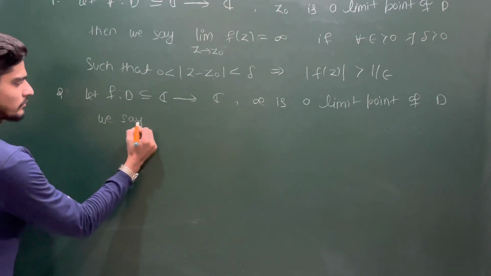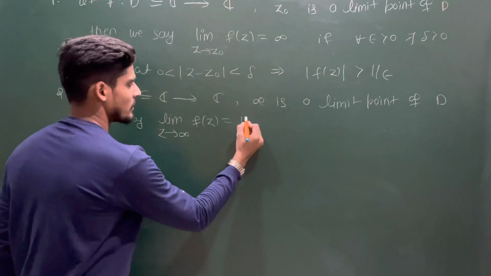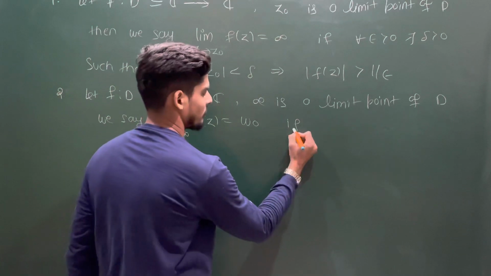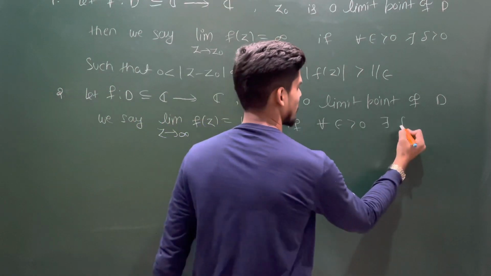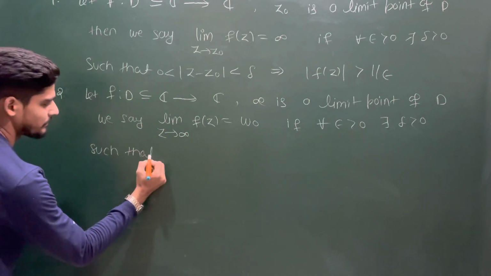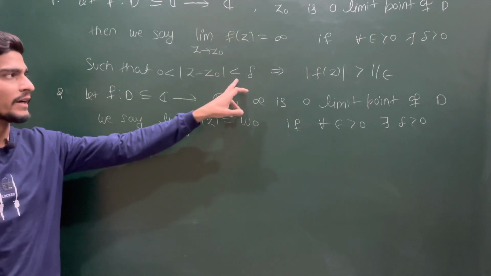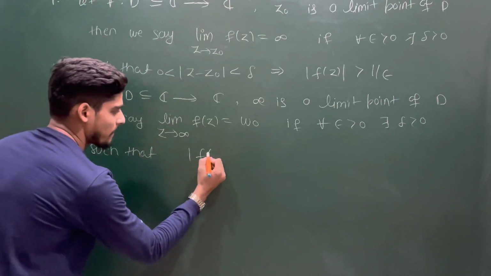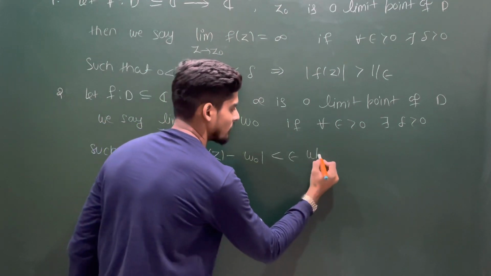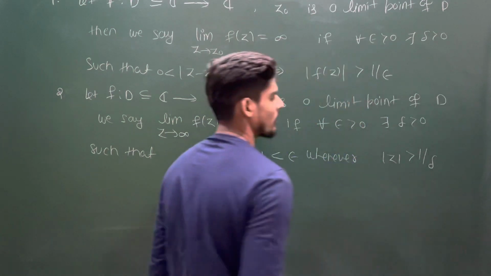We say limit as z approaches infinity of f(z) is w naught, where w naught is a fixed complex number, if for each epsilon positive there exists a delta positive such that, now you are approaching infinity, so you should think how you can make a little change in this definition, |f(z) minus w naught| is less than epsilon whenever mod z is bigger than 1 by delta.